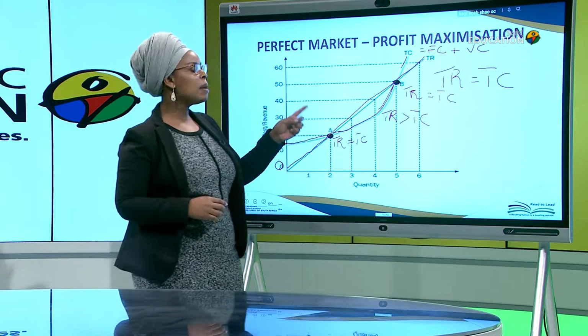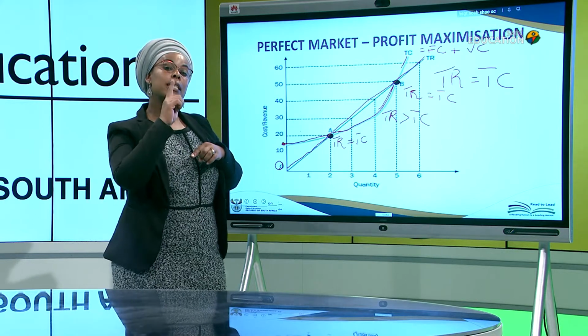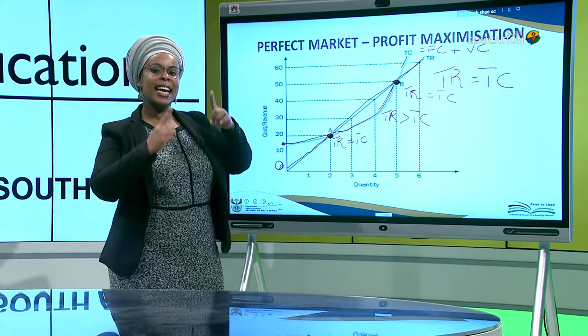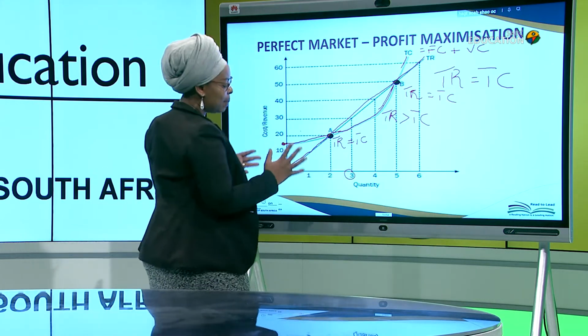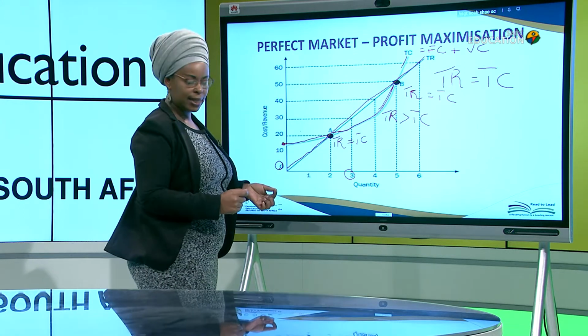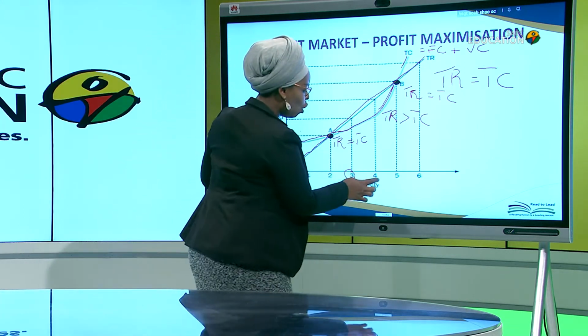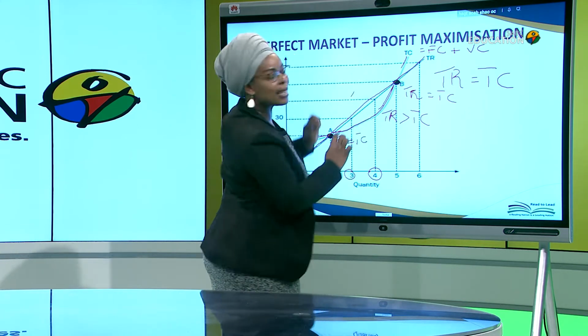The profit will be maximized at a point whereby the vertical distance between the total revenue and the total cost is the greatest. So if you look at quantity number 3, the business is making profit, but the vertical distance is not the greatest. Let's look at output 4. With output 4, you look at the distance. The vertical distance is the greatest.